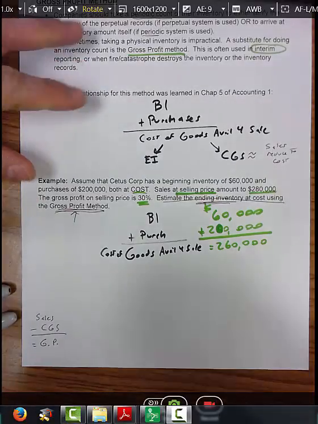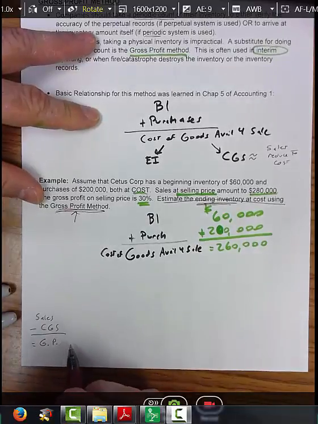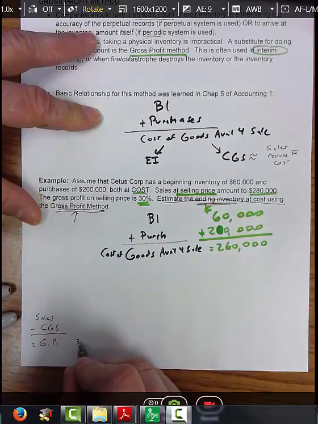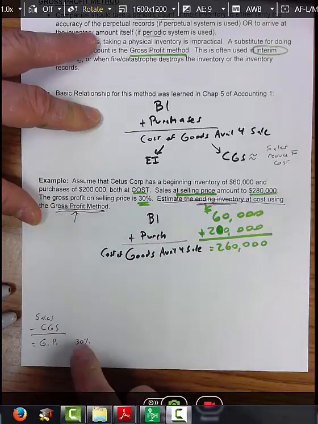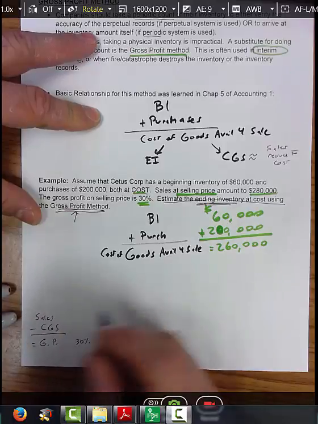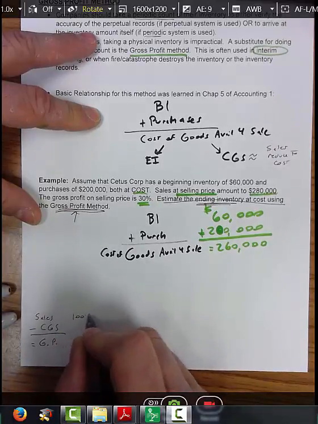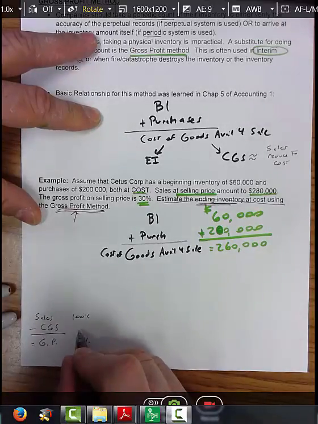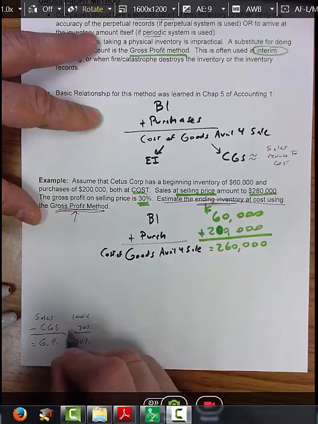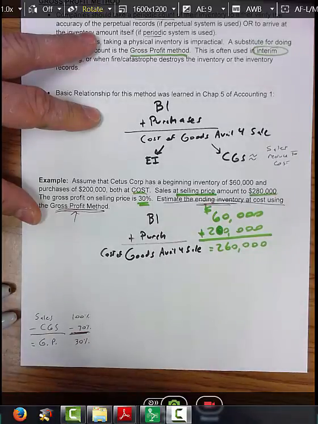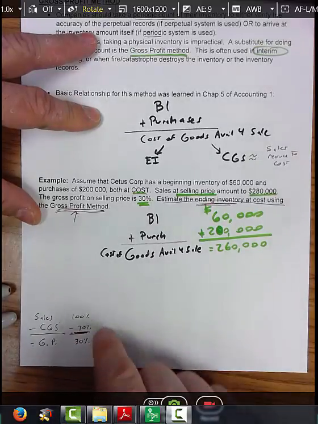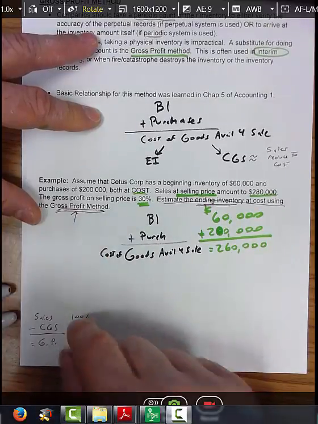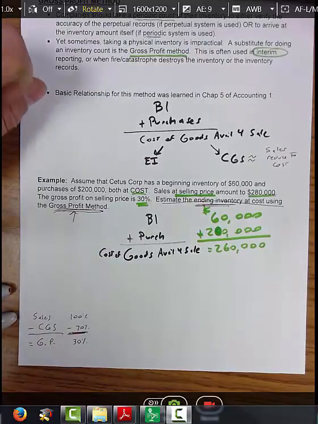When they tell us that the gross profit on selling price is 30%, that is 30% of whatever sales is. Sales is 100% of sales, and gross profit is 30% of sales. Thus, the cost of goods sold is 70% of sales. Does that make sense?